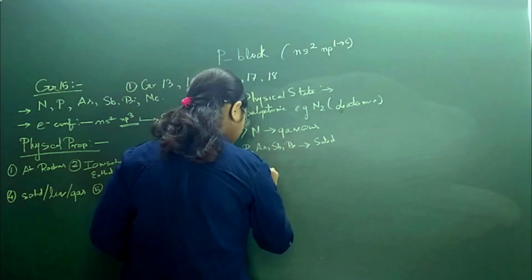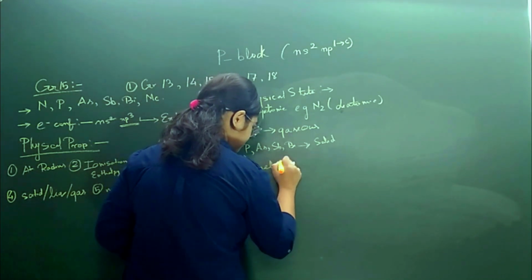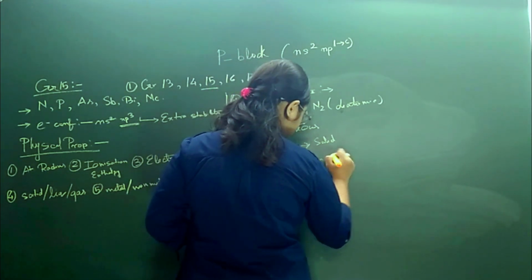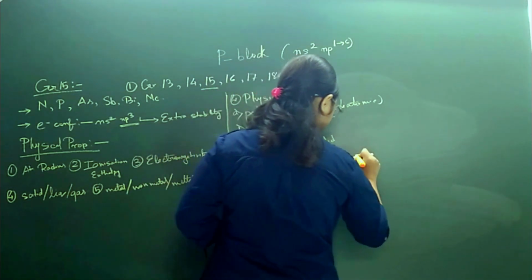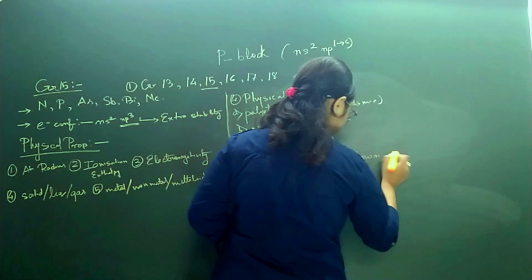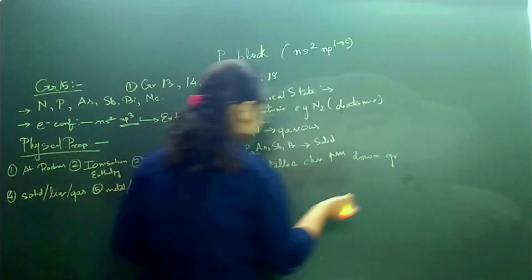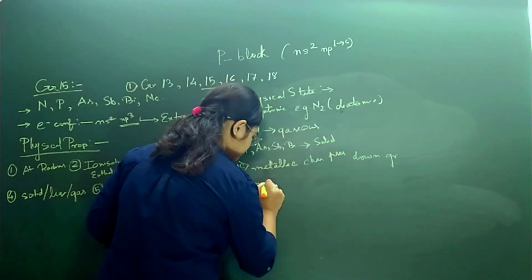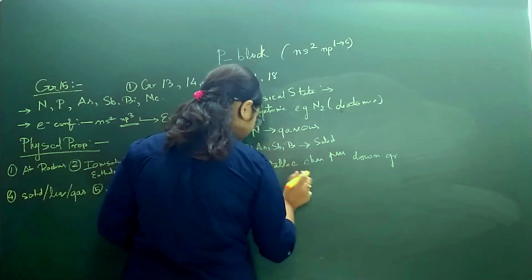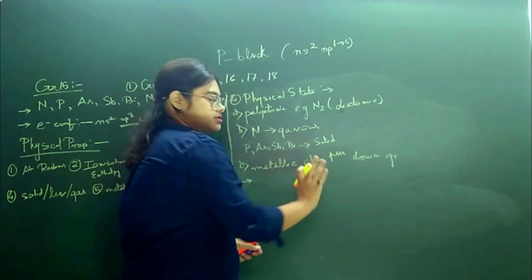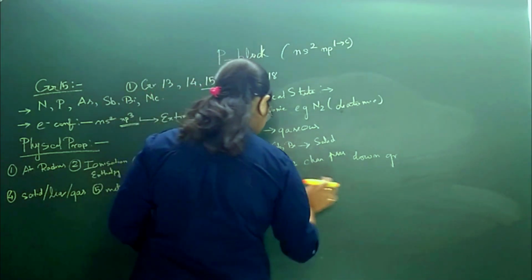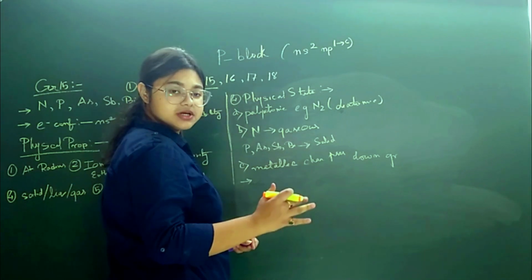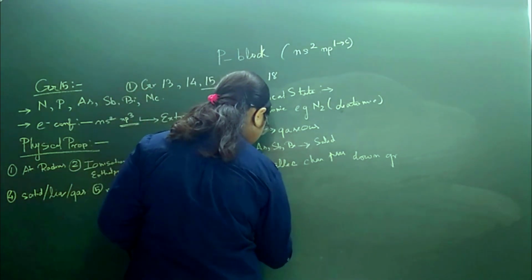In group 15, going down, first are the non-metals.